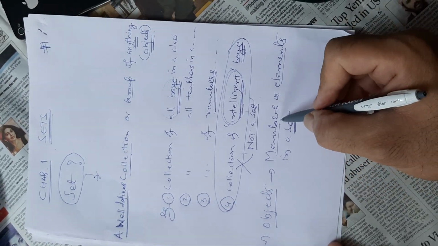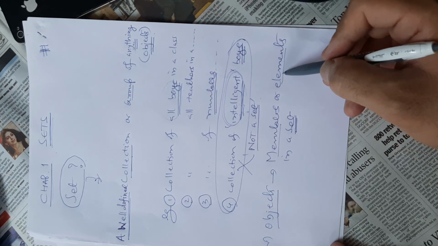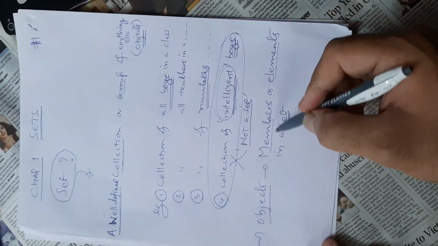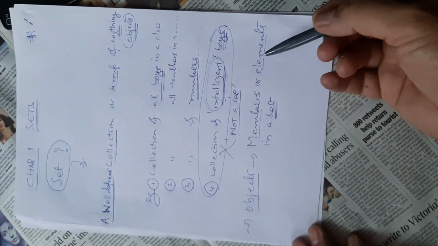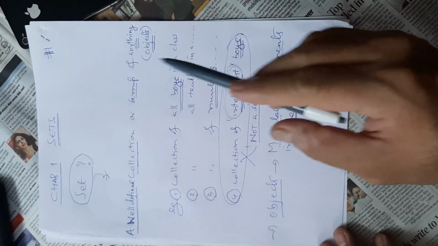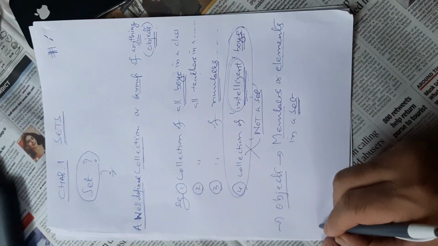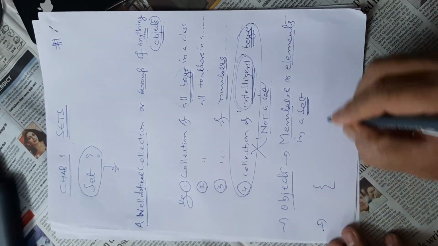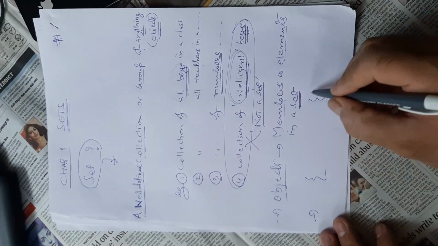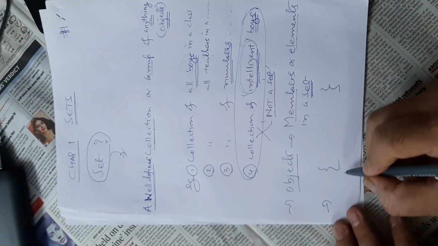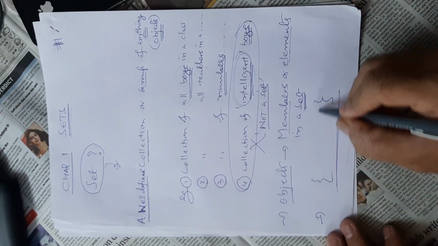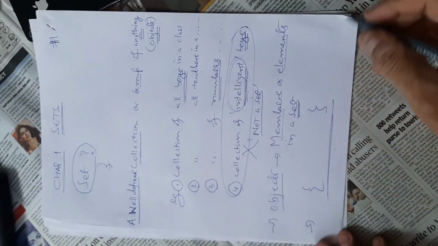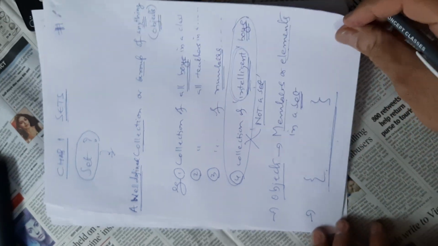So members may be boys, members or elements may be girls, members or elements may be teachers, anything, right? Members could be anything in general. That's why we called them objects or anything. And all members of a set must be written within this bracket. So this is a standard symbol for a set. All members must be written within these two curly braces only. So this is a symbol for a set.